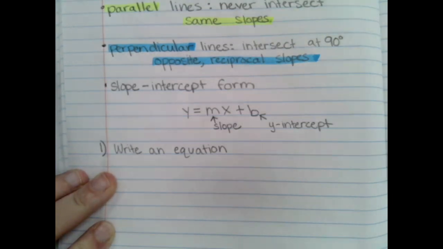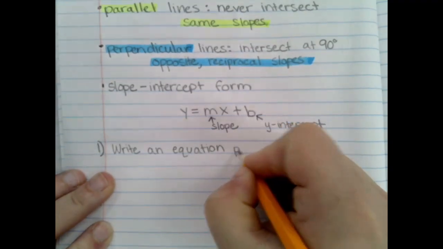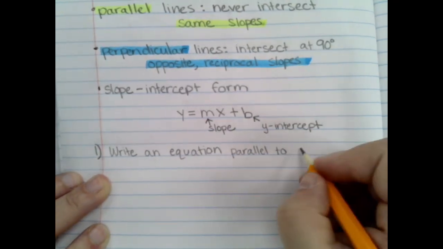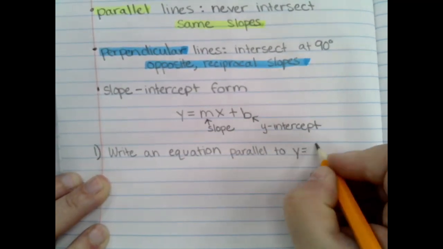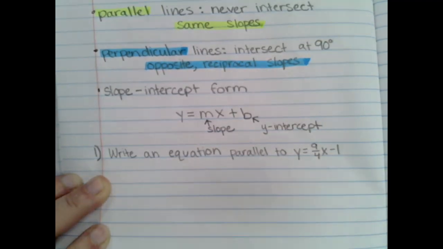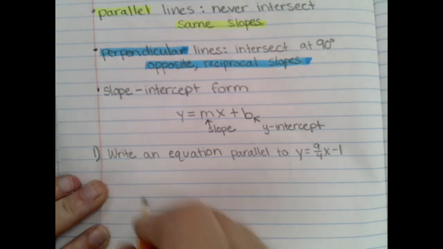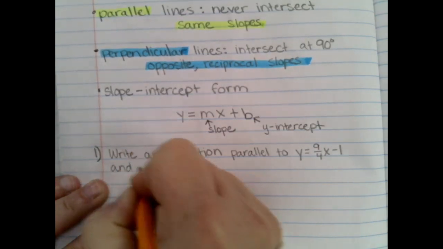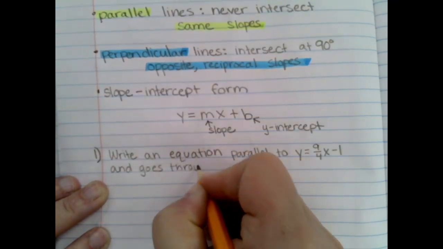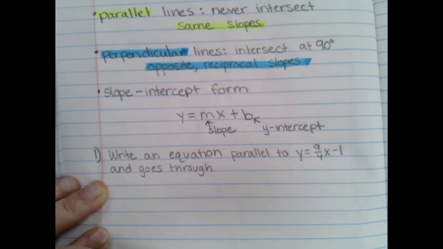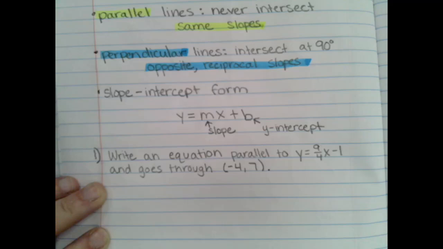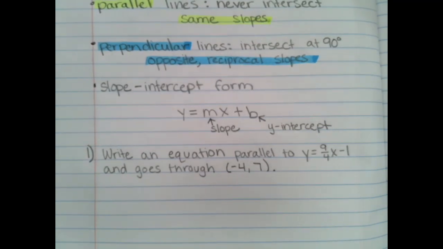Write an equation parallel to y equals 9/4 x minus 1 and goes through (-4, 7), that point. All right, so give you a second to finish writing that all down.